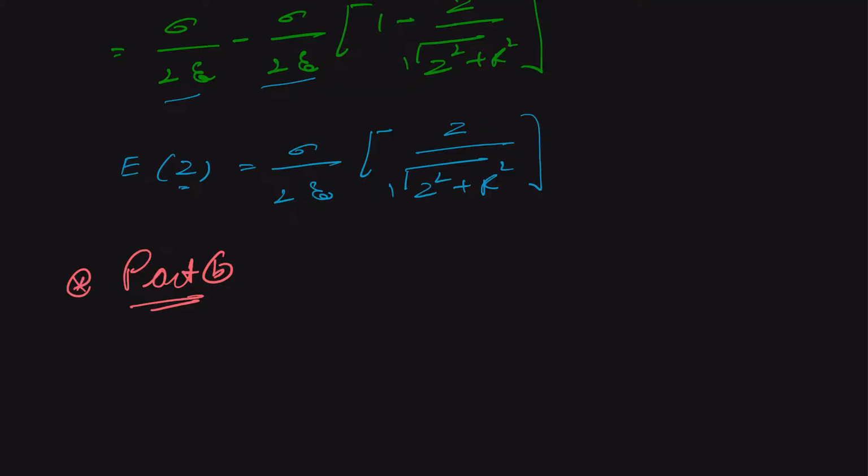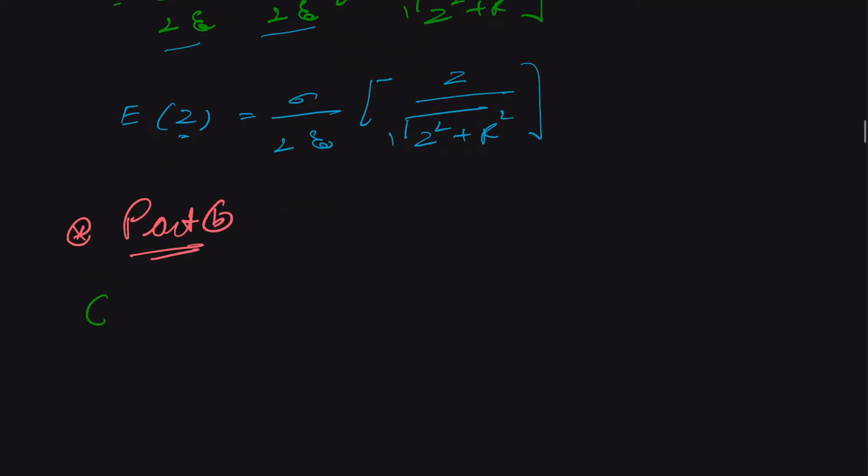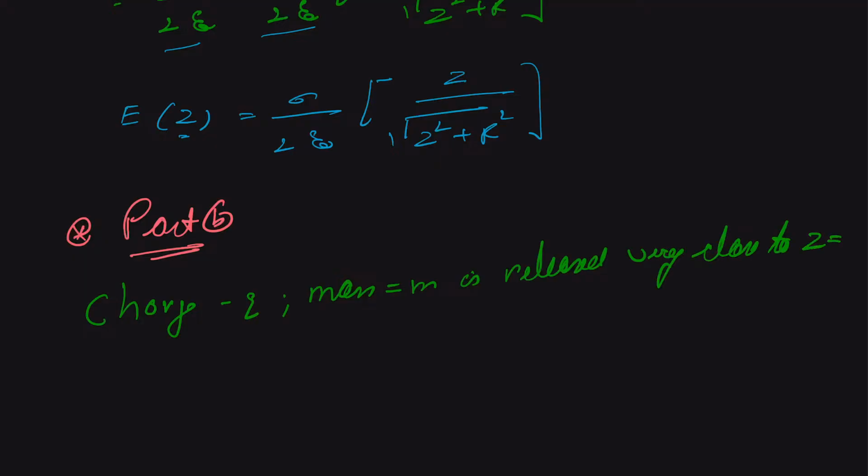And it is given that a charge minus q, mass m, is released very close to the center, that is very close to z equal to 0.